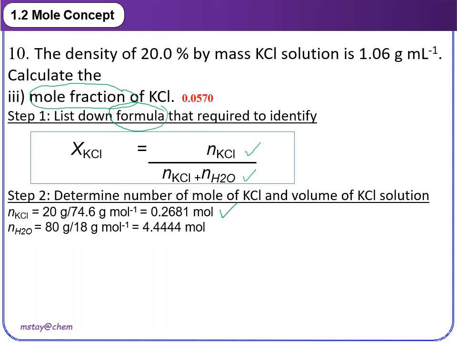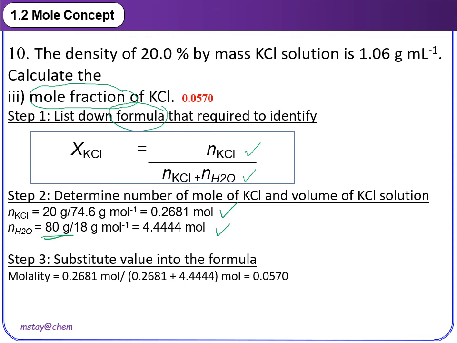So in this step, we need to determine the mole of water, which is 80 gram divided by 18. So we will get 4.444 mole. Then step number 3, substitute the values into the formula, and the final answer that we get is 0.057.